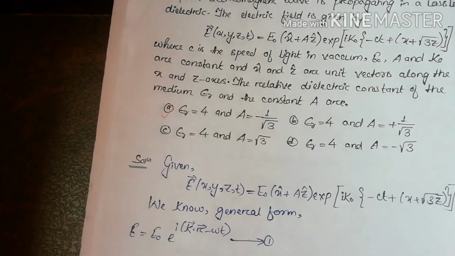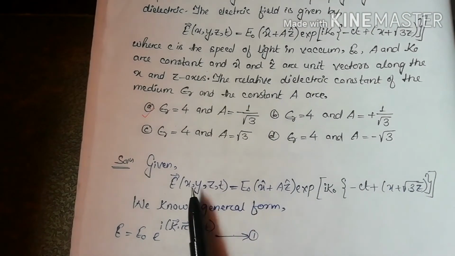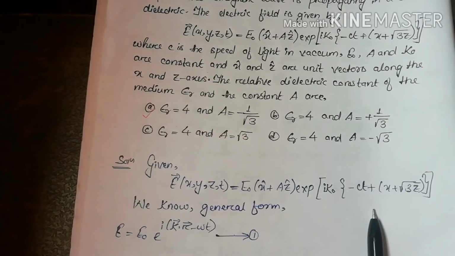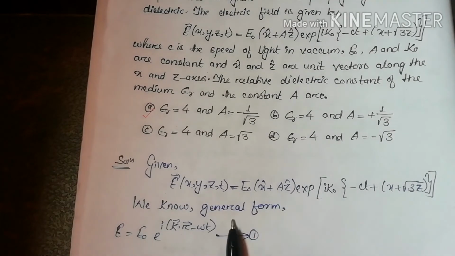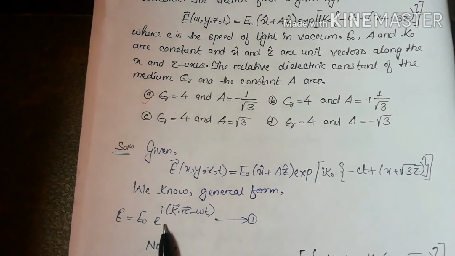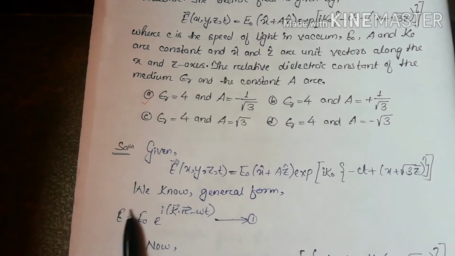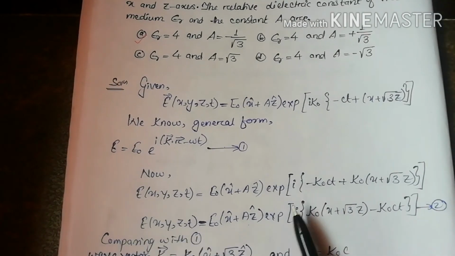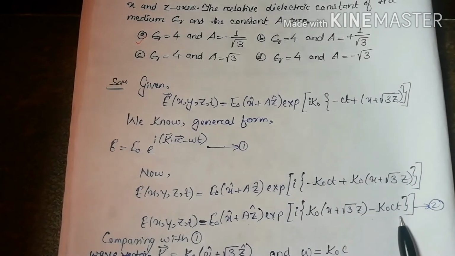For this, firstly we will write the given electric field. This is the given electric field here. Now we know that the general form is E equal to E naught e to the power i(K dot R minus omega t). I have written the given electric field in this form for your better understanding.